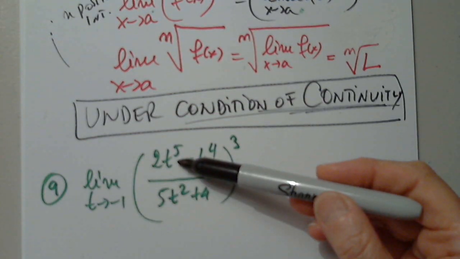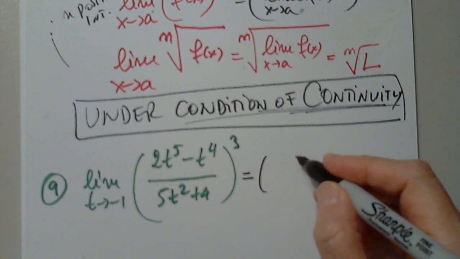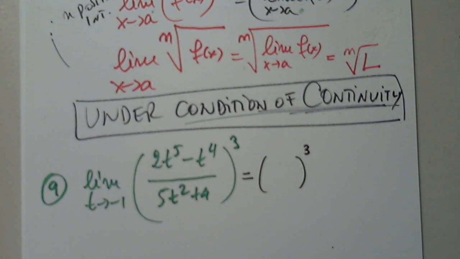So plug in -1 in here, -1 in here, -1 in here, and tell me what you get, and then we'll take it to the 3rd power. If it's a number. But if it's 3 over 0, then it's trouble. So what do we get?